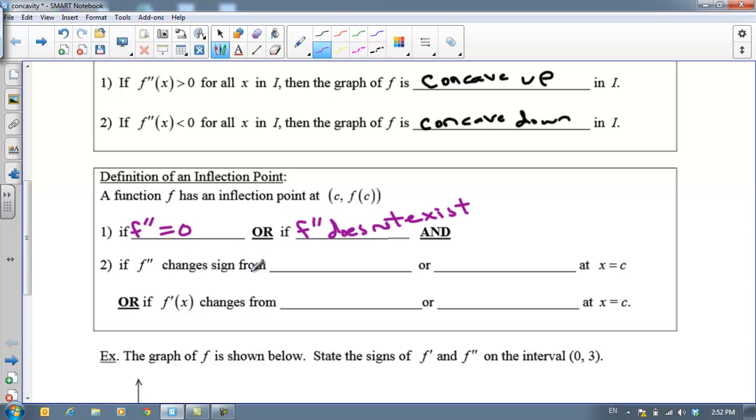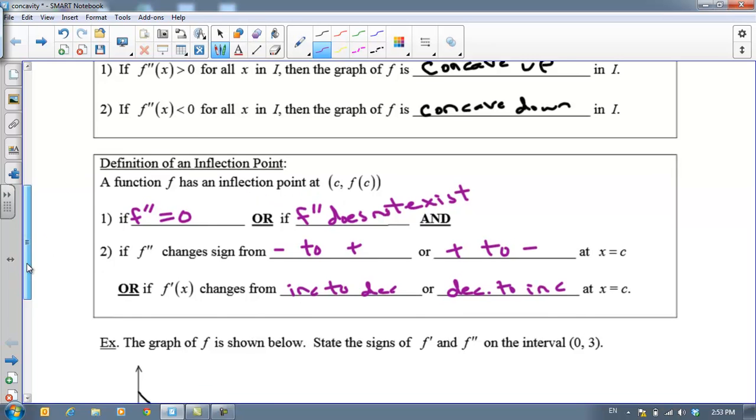So if f double prime changes sign from negative to positive, or positive to negative, or if f prime changes from increasing to decreasing, or vice versa, decreasing to increasing, then we're going to say that we have a point of inflection at that point.